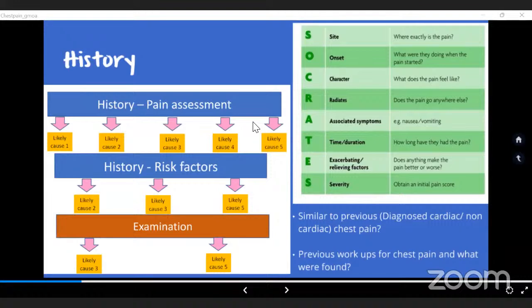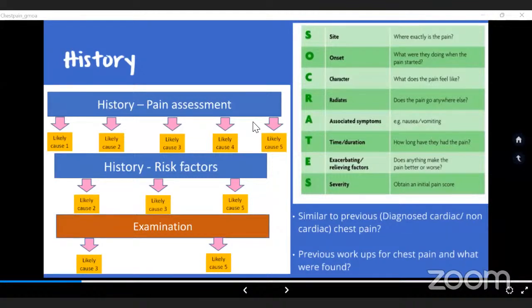And then from the history, you need to assess what kind of risk this patient has for these particular causes. What are the risk factors for pulmonary embolism? What are the risk factors for acute coronary syndrome? What are the risk factors for this patient having acute aortic dissection, like that?